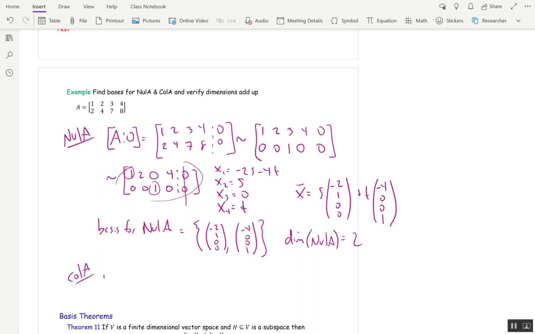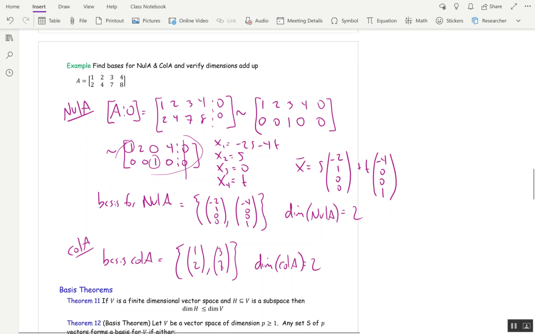And so a basis for col A is take the first and the third columns from the original matrix A. So 1, 2, and 3, 7. And dim col A is 2. And 2 plus 2 is 4, which is the number of columns that A had. So the dimensions do add up.